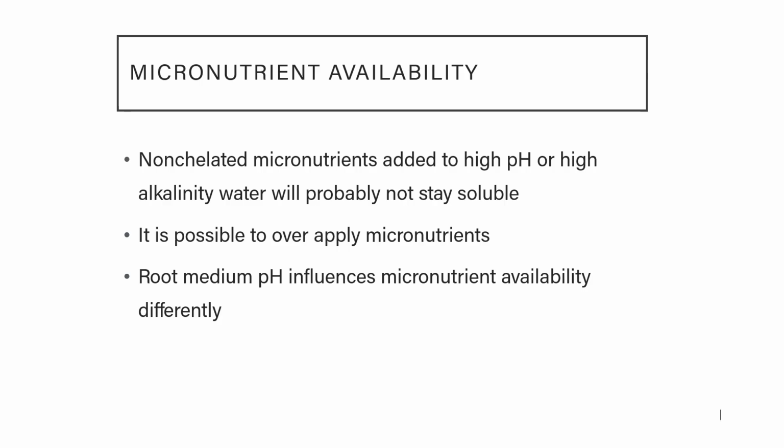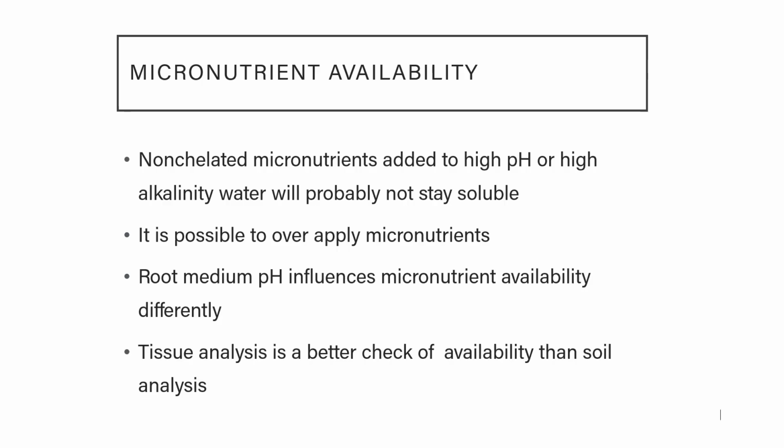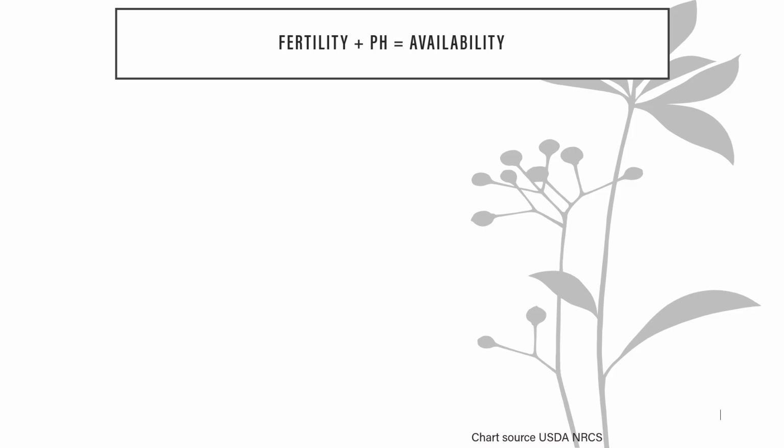So if you go a little too high or a little too low, and I always recommend soil test before you do anything, before you put any plants in the ground. Once you do have the plants in the ground, because we do have quite a few micronutrient issues due to our pH being pretty high, I also recommend doing a tissue test along with that, because just because it's in the soil doesn't necessarily mean it's in the plant. And I'll show you an example of that in just a minute.